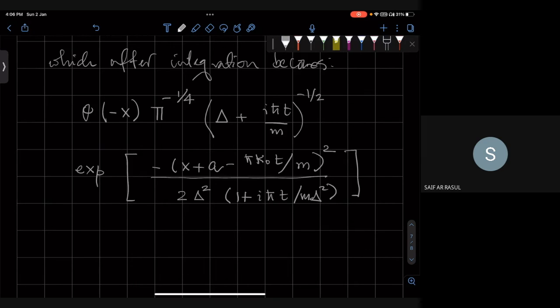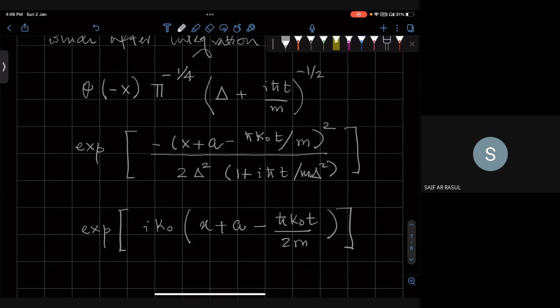And then there is a phase factor, which is exponential of i k naught times x plus a minus h bar k naught t over 2m.